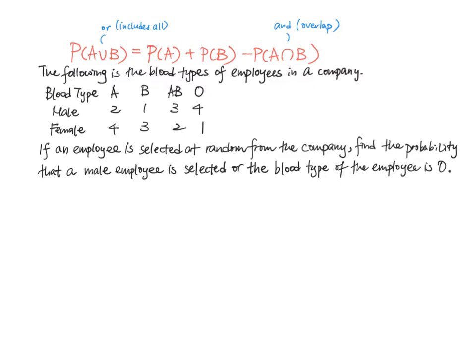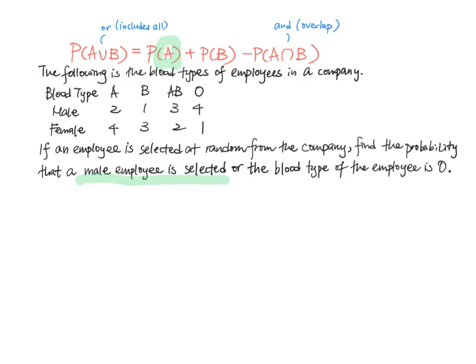In this case, we have some employees in a company with different blood types recorded, and we're going to pick one person. What's the probability that that person is either a male or the person's blood type is O? Now, let event A be the event that a male employee is selected.